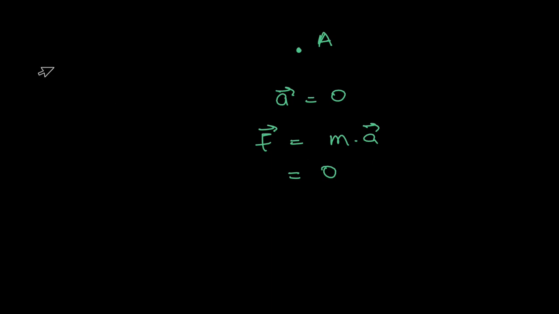Now let's study this body A from a non-inertial frame of reference. So a non-inertial frame of reference is a frame of reference in which its origin is moving with some acceleration or non-uniform velocity.